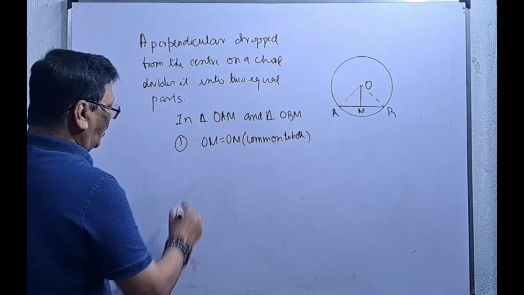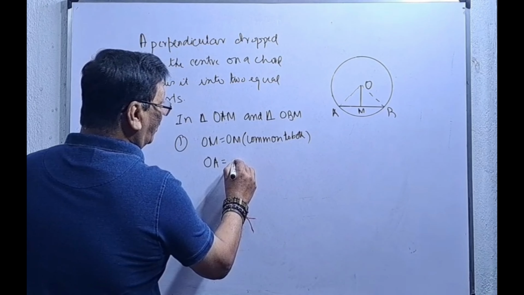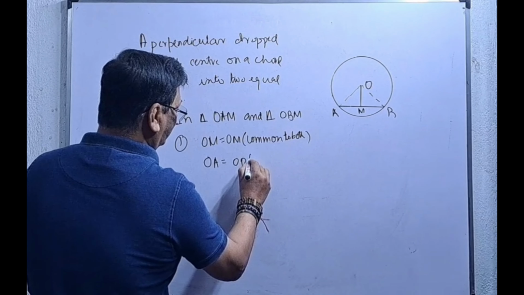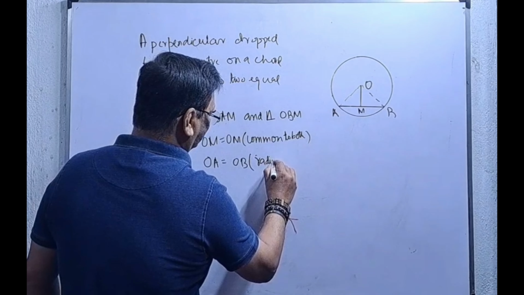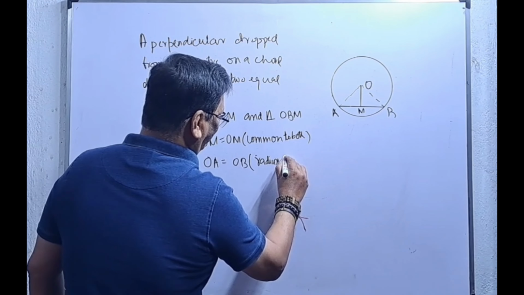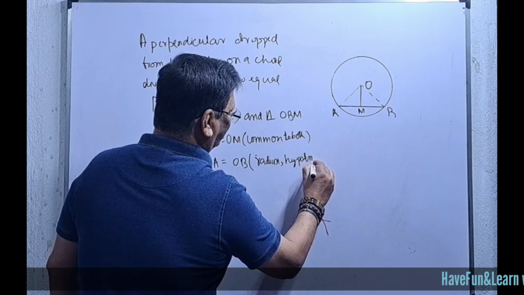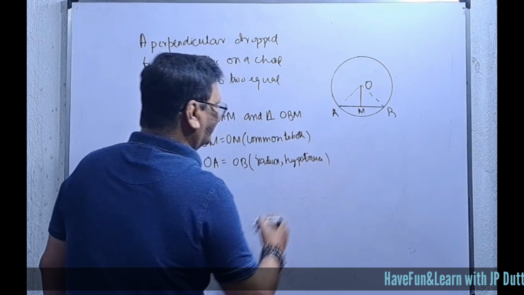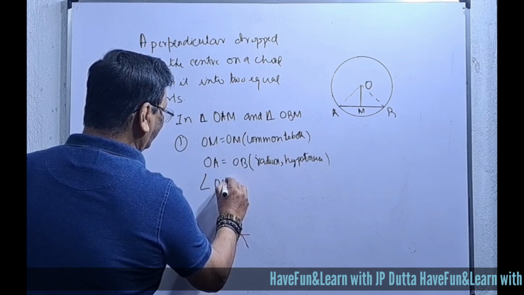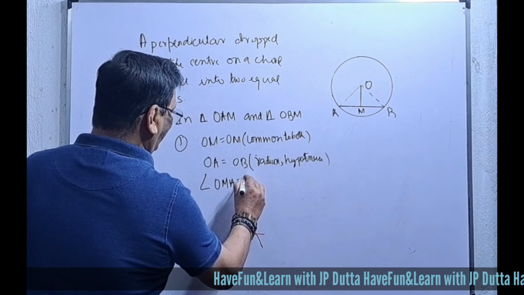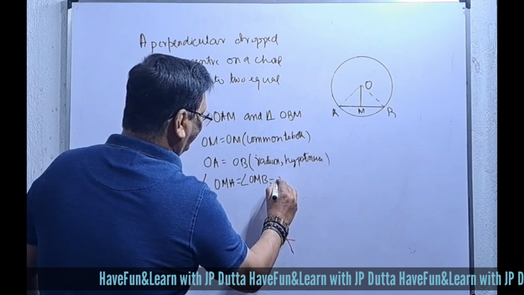OA is equal to OB, radius and hypotenuse. And angle OMA is equal to angle OMB is equal to 90 degree.